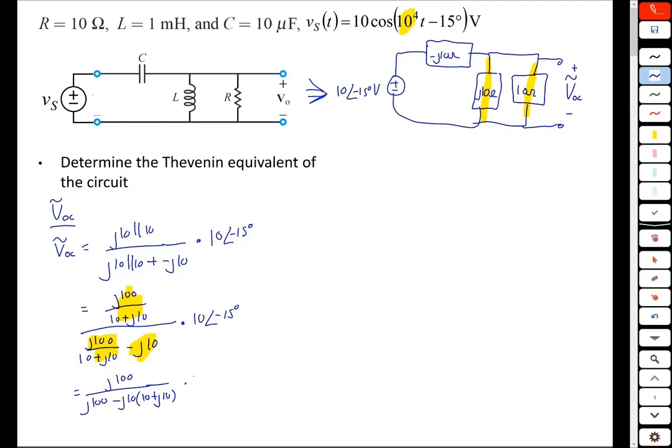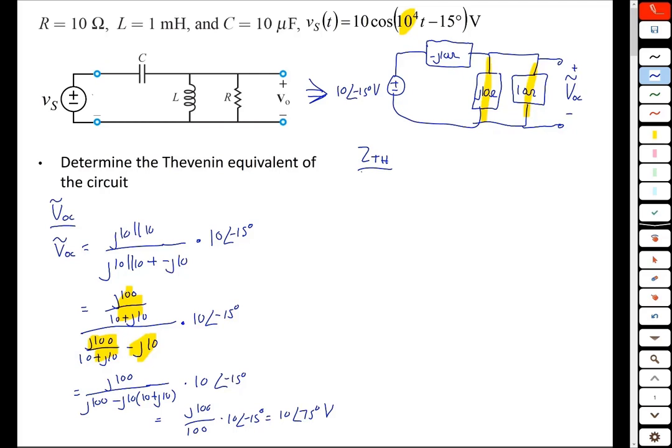Once again, all of that is multiplied by 10 at an angle of minus 15 degrees. You work out this math, it becomes j100 over 100 times 10 at minus 15 degrees, or 10 at an angle of 75 degrees volts. And we set that aside.